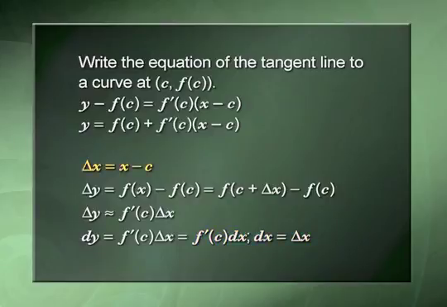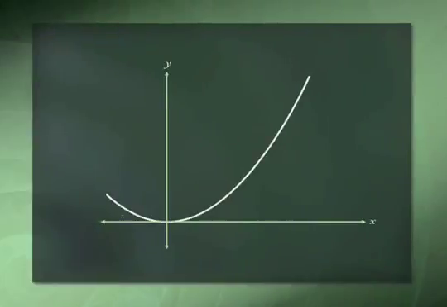a small horizontal distance. Let me show you a picture that puts all this together, and I think it'll make us more comfortable. Here's a picture of a curve, f of x, and I've indicated x equals c and f of c as one point on the curve, and I've drawn the tangent line at that point c comma f of c. Then I took a nearby point at a distance delta x from c, and I call that point x.